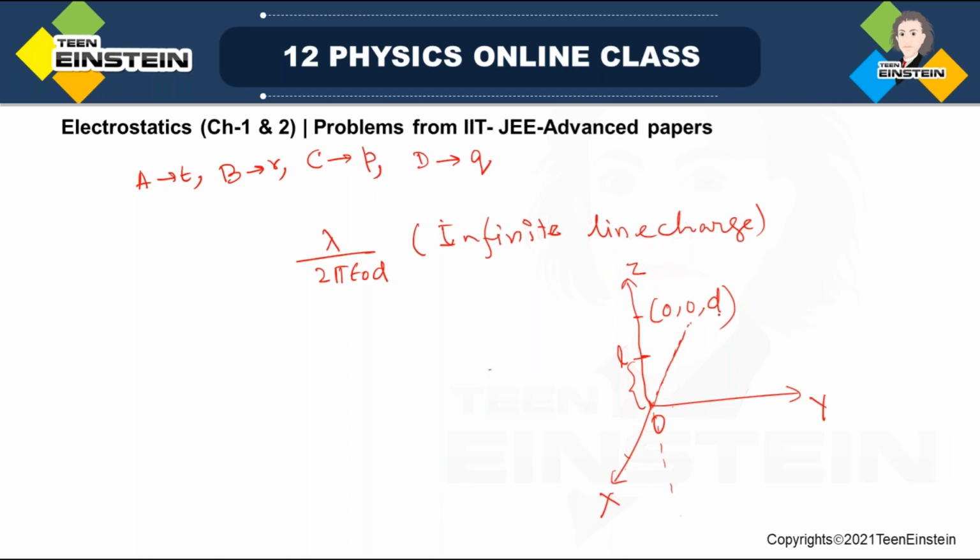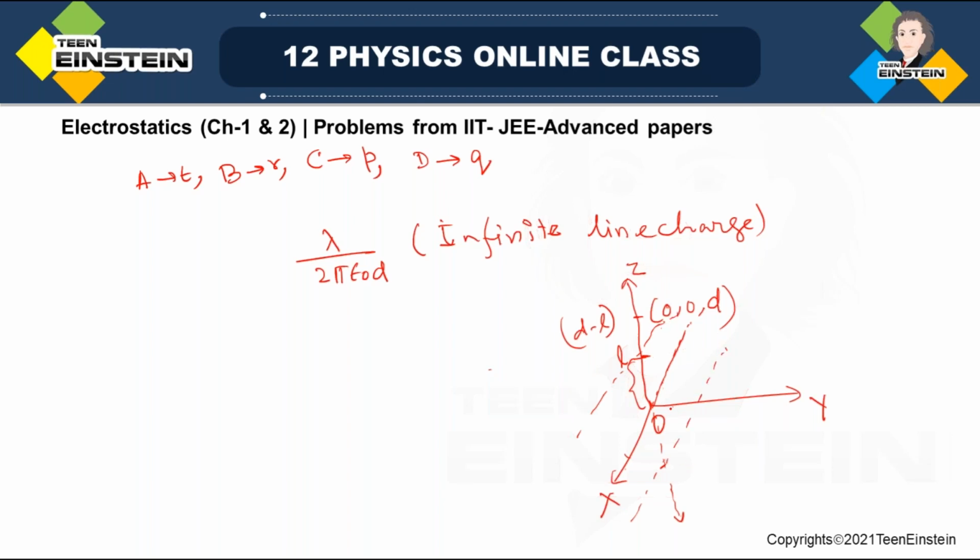This is D, so this distance is D minus L. Another one is at minus L here. Sorry, this one is here, another one is here.